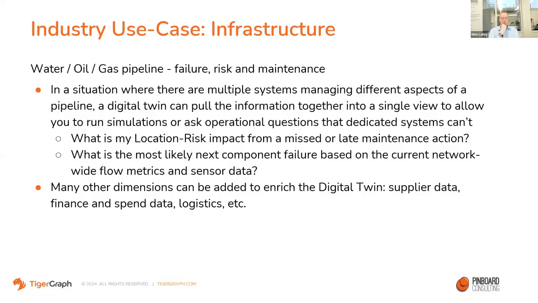So another one, which I alluded to at the top of the call, hopefully you can all see my screen, is physical infrastructure, where you have something that already looks like a network.